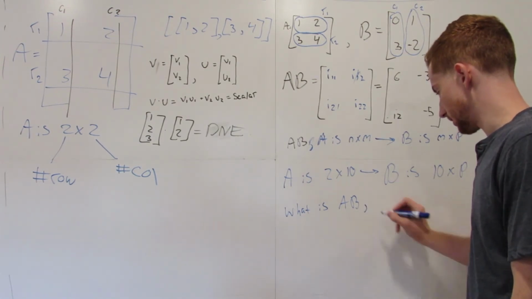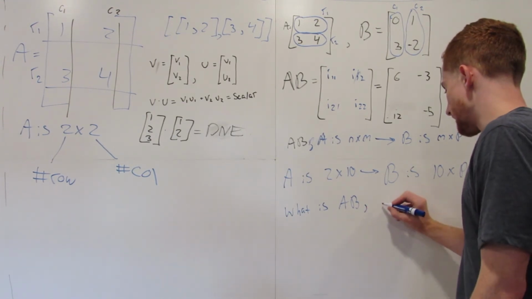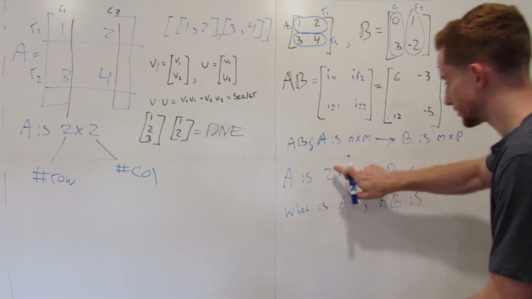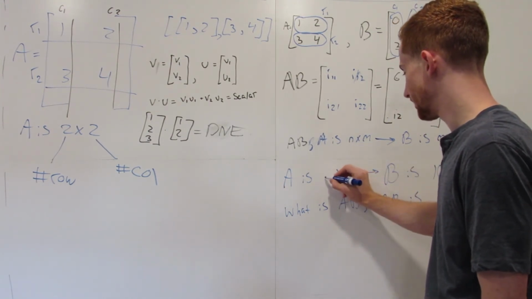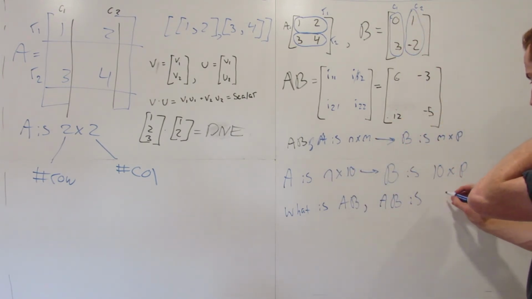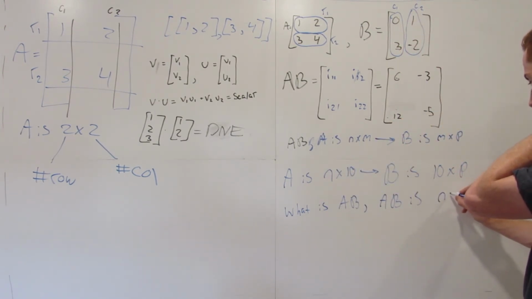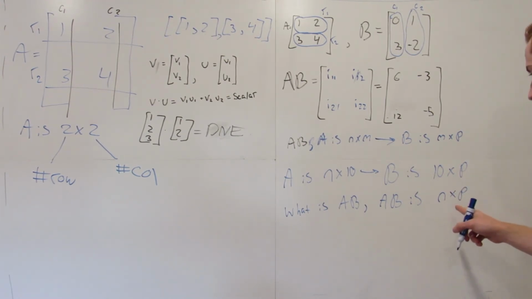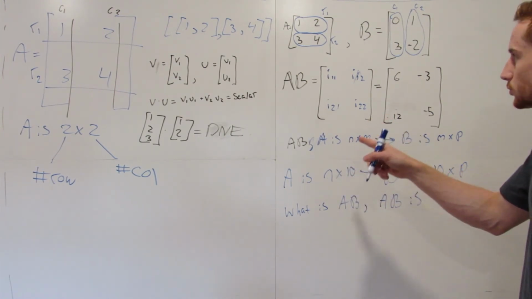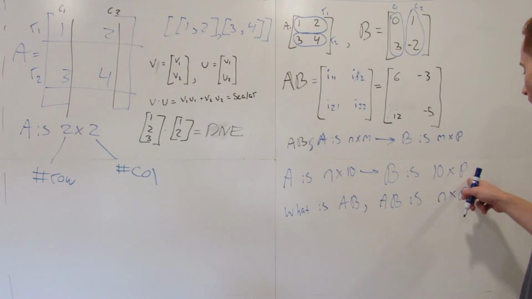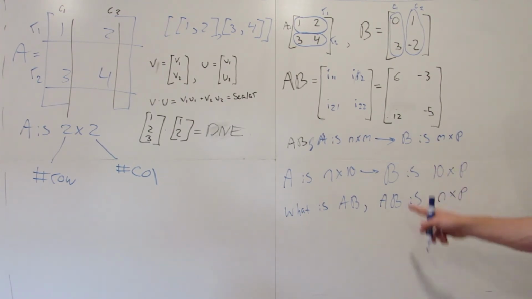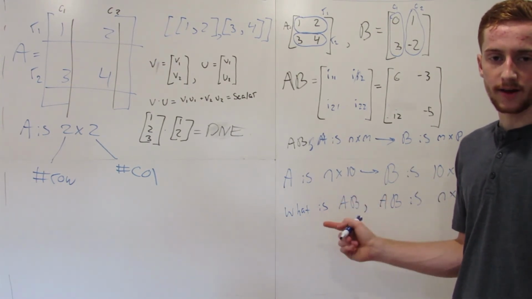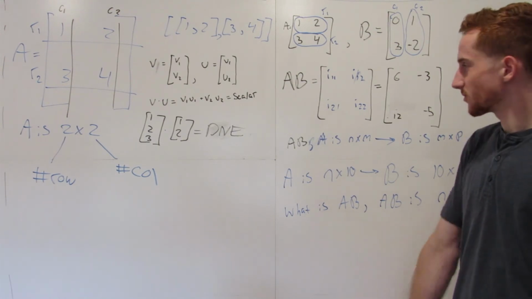The answer to this, just to give you the answer for the sake of time, is that AB is going to be, in this case, okay, let's make this arbitrary, N cross P. So it's going to be N by P. It's going to have as many rows as A, but as many columns as B. And this is a universal thing. I'm sure I could prove it using math, but that would not be in our best interest for time.